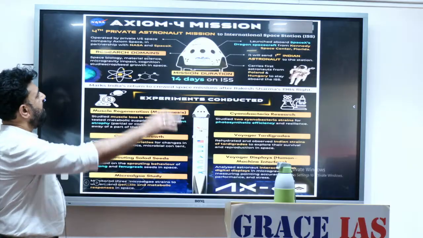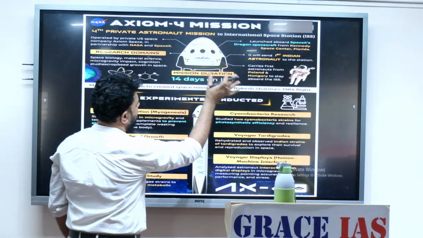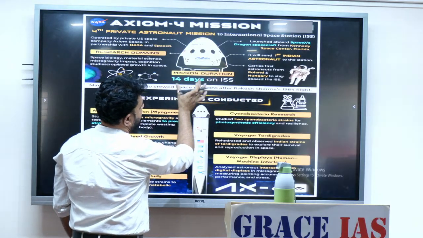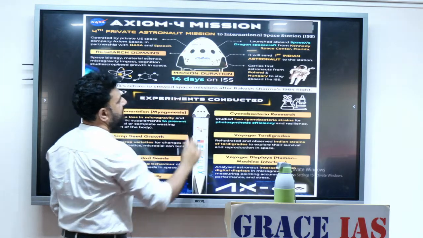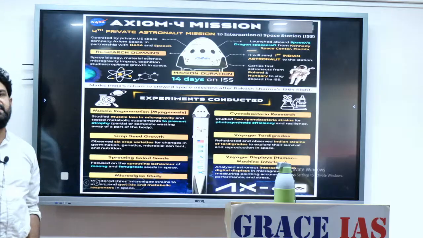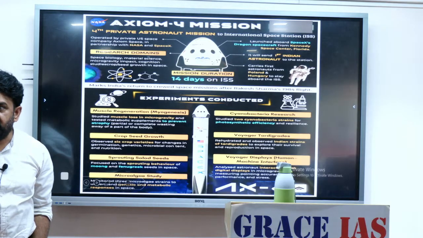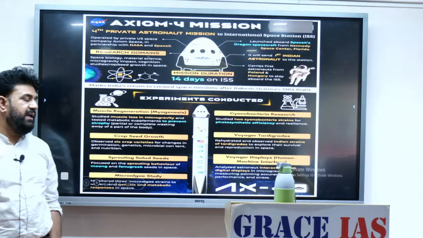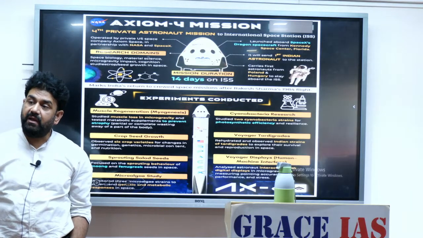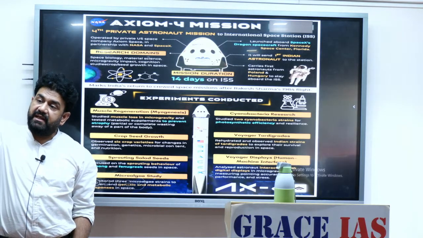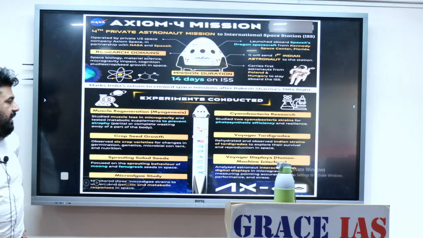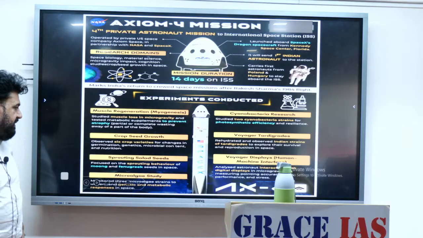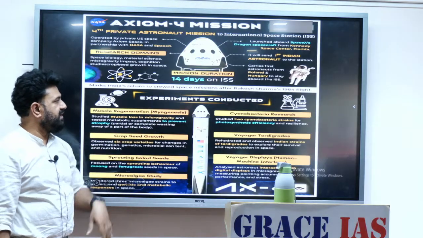Please understand, Axiom 4 is a launch vehicle transferring astronauts to the ISS, International Space Station, approximately 400 kilometers from the surface of the earth, to study the outer space environment and to use ISS as a launch pad for extraterrestrial and future launches into space. So that is what the International Space Station is all about.